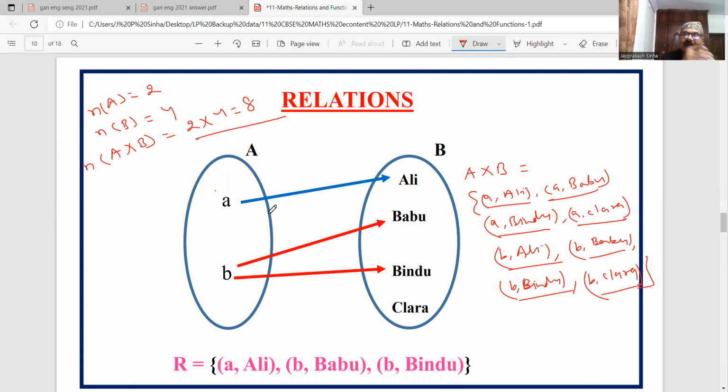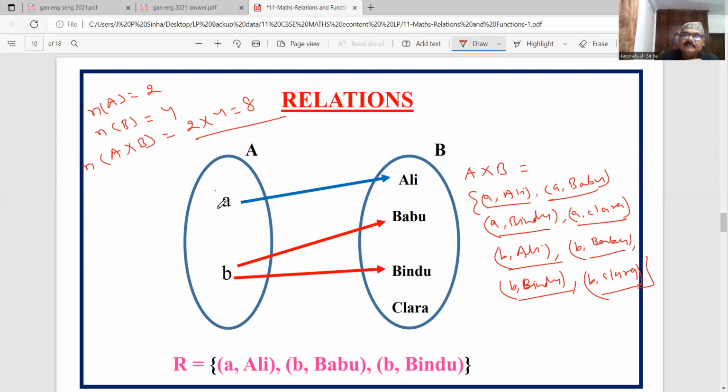Now we are defining a relation. Relation means we are establishing a relation from set A to set B. Means we are taking the first letter of the name of these 4 persons. In set A, the first name is Ali. So what is the first letter, first alphabet?